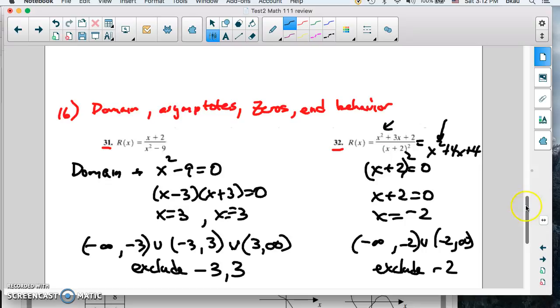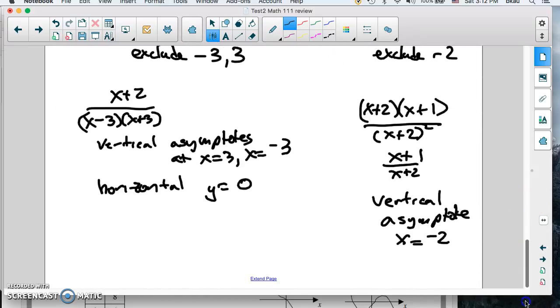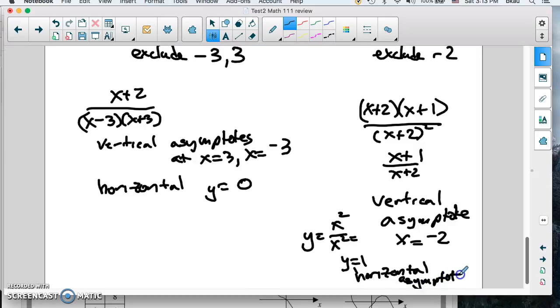That means our horizontal asymptote is dividing those two terms. Since the two terms are both x squared over x squared, they're not 3x squared over 2x squared. It's just going to be y equals 1 for a horizontal asymptote. So the horizontal asymptote here is at y equals 1.